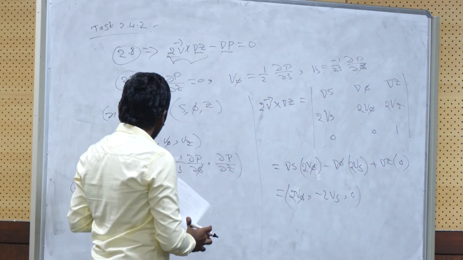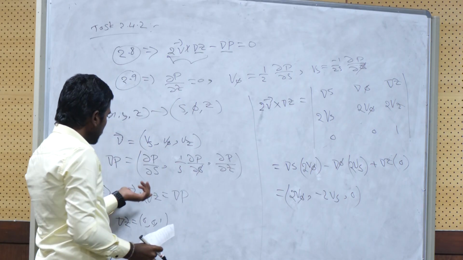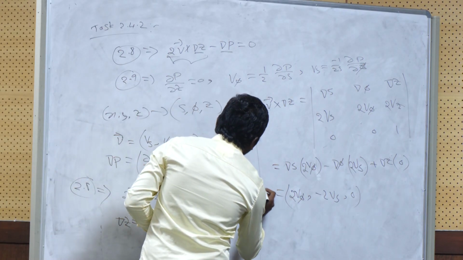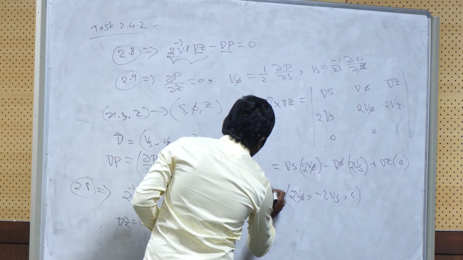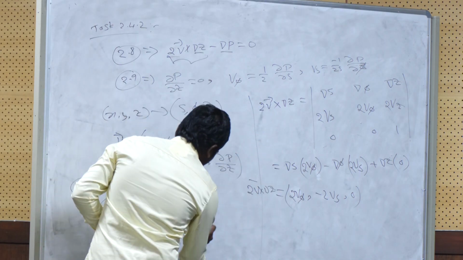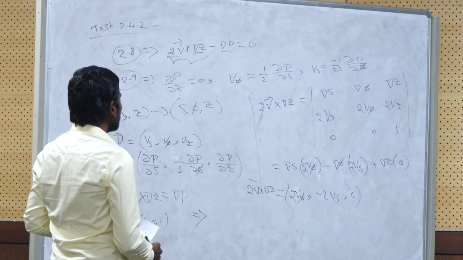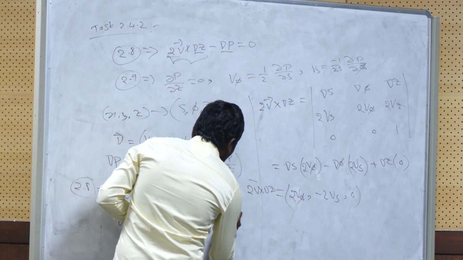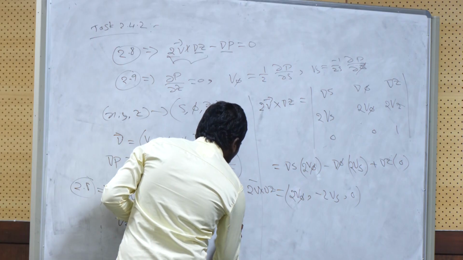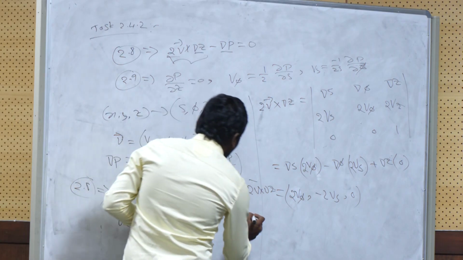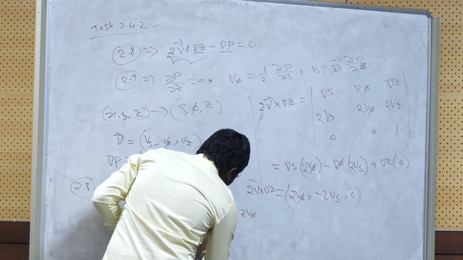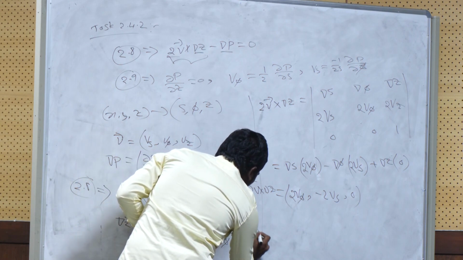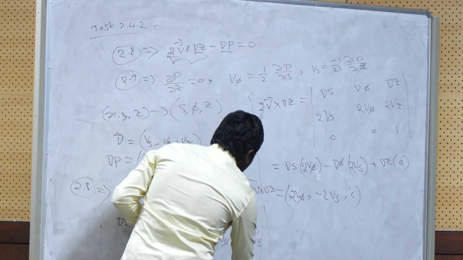So let's compare this equation 2.8, del p and 2v cross del z. We will get del p by del s is equal to 2v phi. From here we get v phi is equal to 1 by 2 del p by del s.